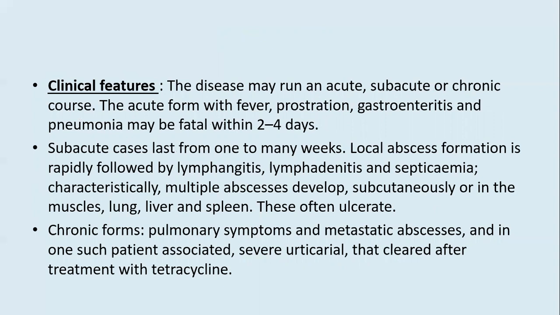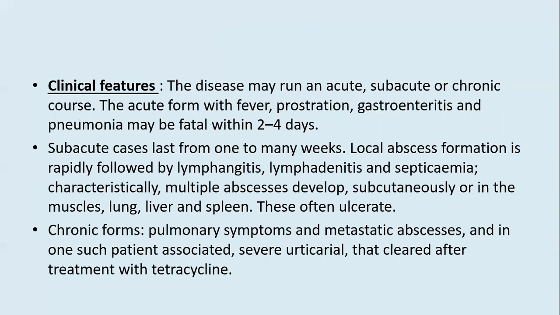Clinical features. The disease runs an acute, subacute, or chronic course. The acute form is associated with fever, prostration, gastroenteritis, and pneumonia that is fatal in 2 to 4 days. Subacute cases last for 1 to many weeks. Local abscess formation rapidly followed by lymphangitis, lymphadenitis, and septicemia may occur.